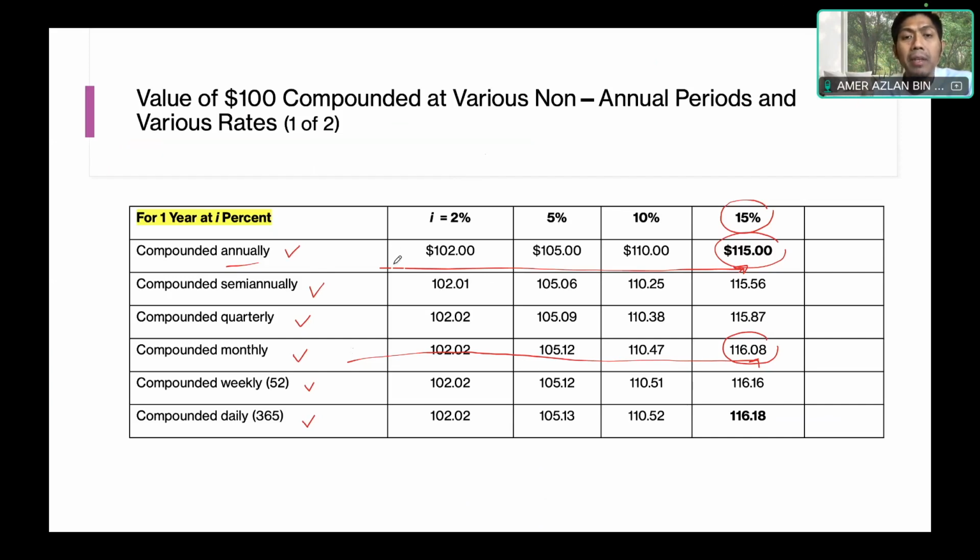So the more frequent the compounding, for example, if it is compounded monthly, it means every month the interest is being compounded or accumulated. Let's say this is monthly, this is yearly. Yearly means compounded once in a year. The more frequent the money is being compounded, the more return you will get, and the higher the value the money will grow.